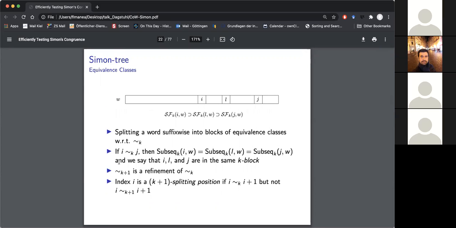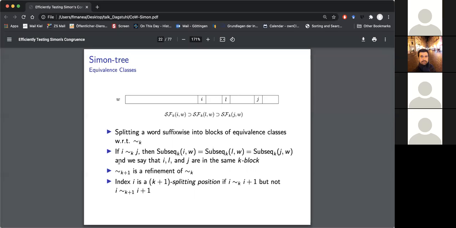The idea that we had in solving this problem was to introduce a new data structure, which allows us to work nicely with these classes, with this Simon congruence, so the K-sim or sim-K as we call it. The idea was that we should split a word with respect to the suffixes into blocks of equivalence classes with respect to sim-K.